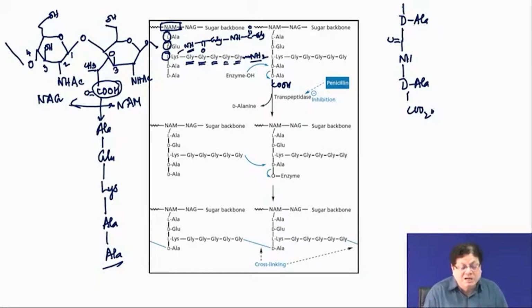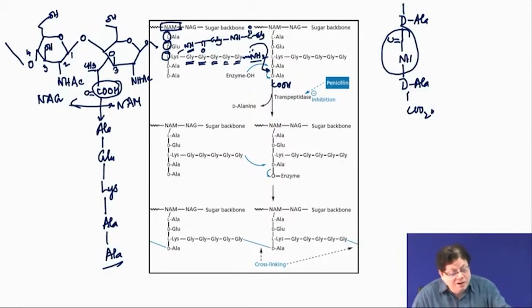So, now the reaction that takes place is basically that this NH2, the glycine NH2, attacks this bond, this amide bond, okay, and kicks out the last D-alanine. So, what will happen now? This is the chain that is now cross linked with this chain, and the result is nothing but, I can simplify it.